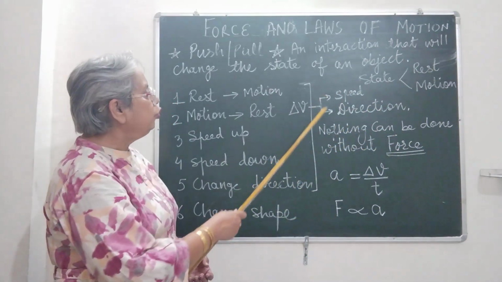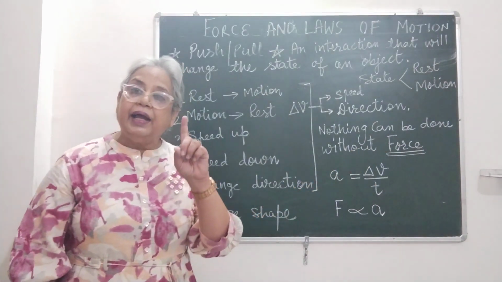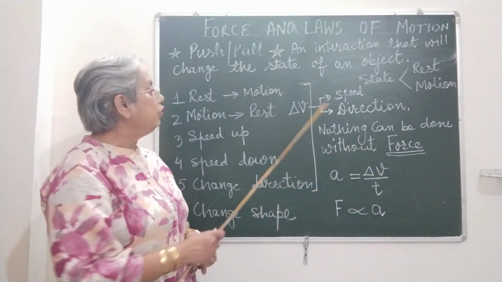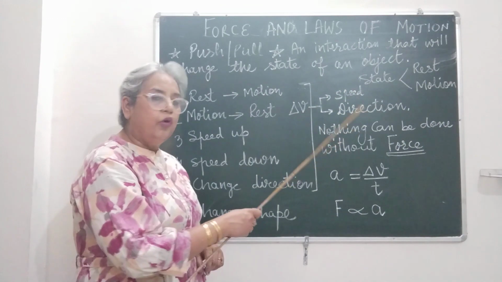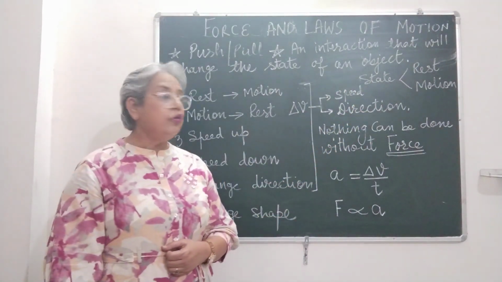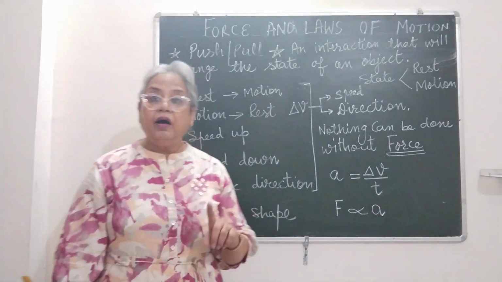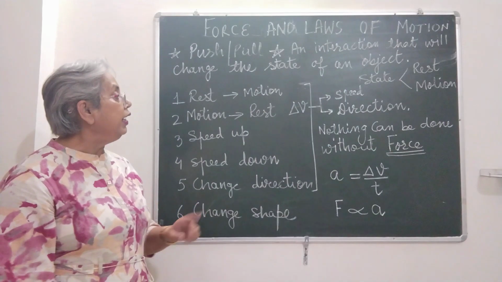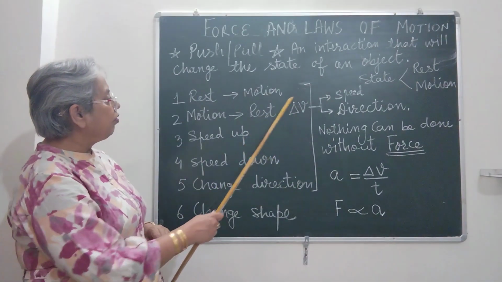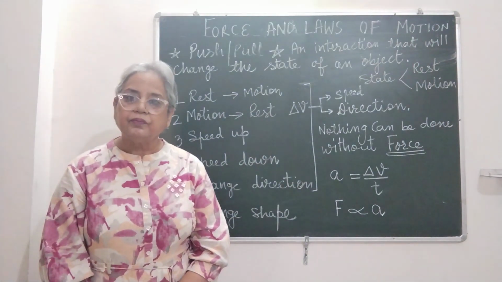So, out of the two things, that is speed and direction, if any one changes, then also change in velocity. If both change, then also there is change in velocity. So, dear students, the first 5 changes are related to change in the velocity by the application of force.